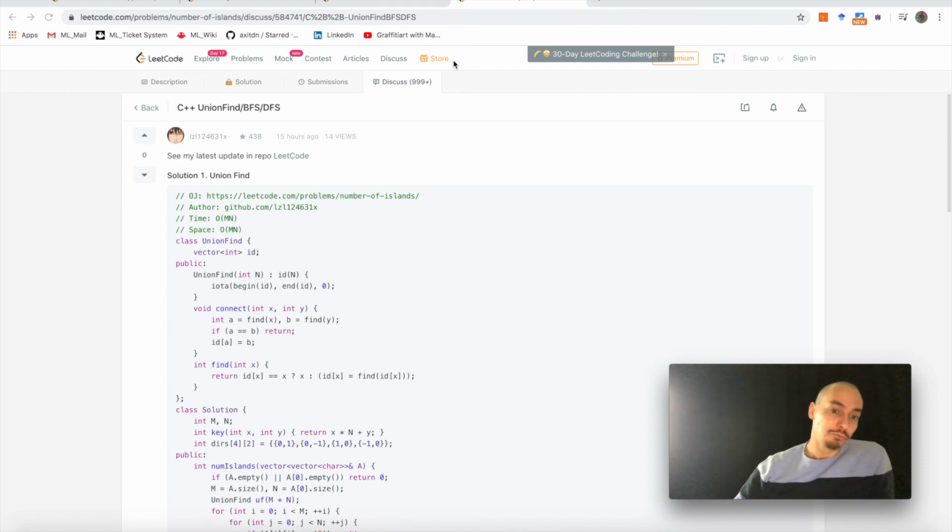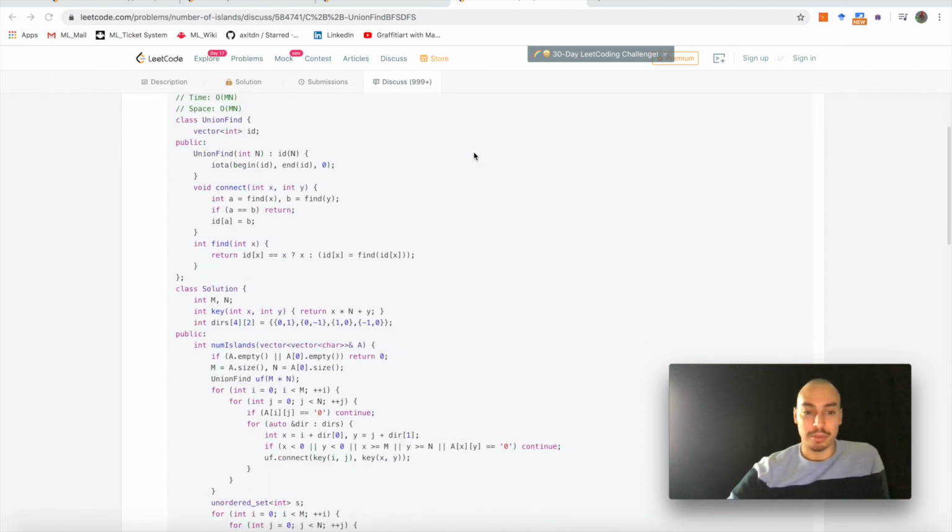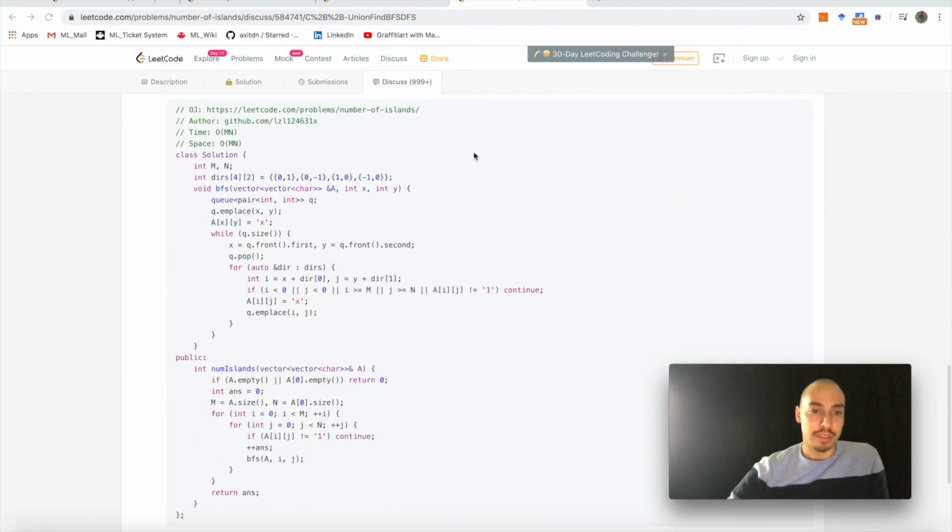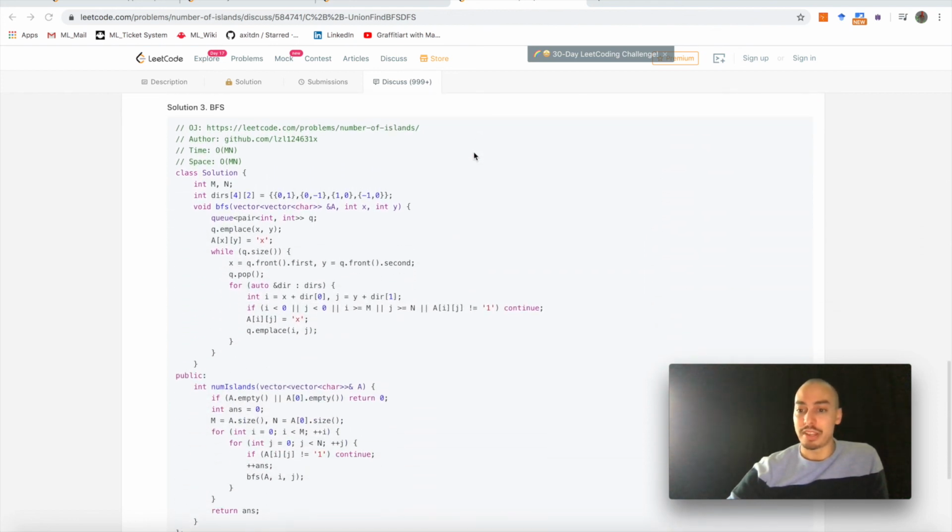But you can use DFS and BFS interchangeably for that problem. However, we focus on BFS here, just again to find that underlying theme: initialize a queue, work on that queue until it's empty, and make sure that we don't visit the same element twice.